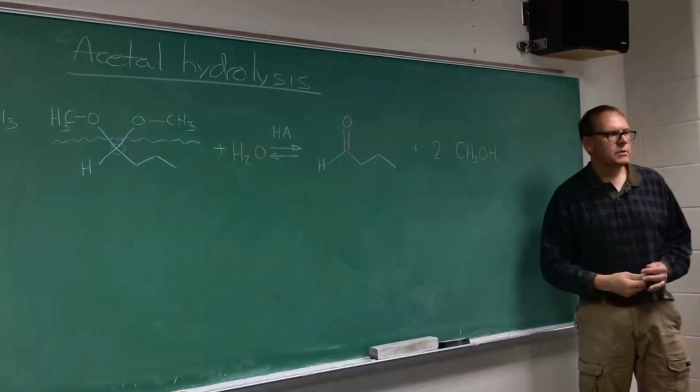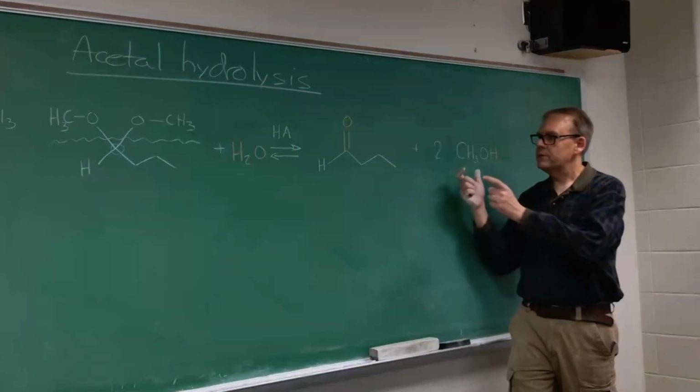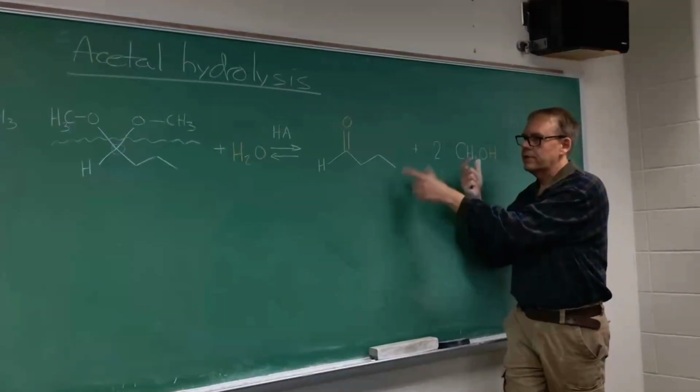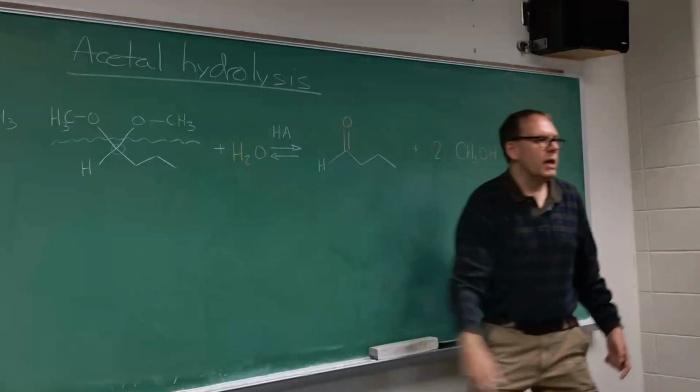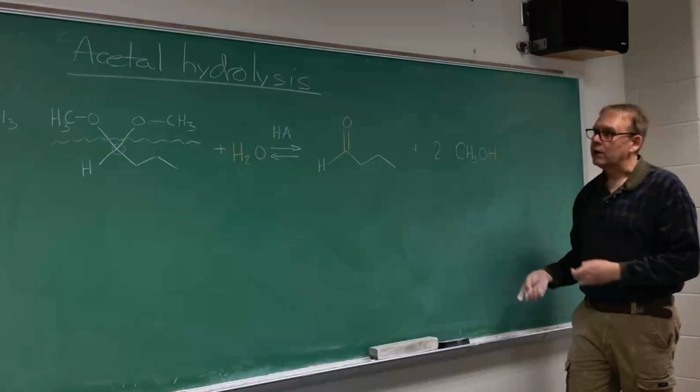So that's where the atoms come from. And this is just the reverse of acetal forming. If I flip these around and put these species on the left and these species on the right, it'd be the acetal formation reaction. This is acetal hydrolysis.